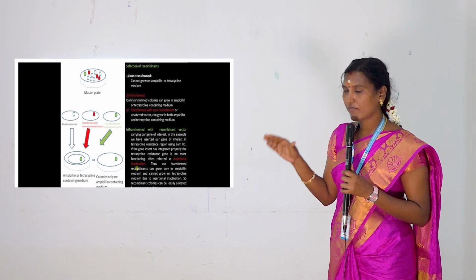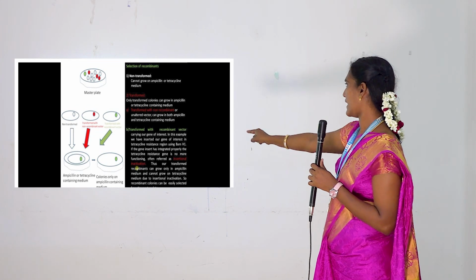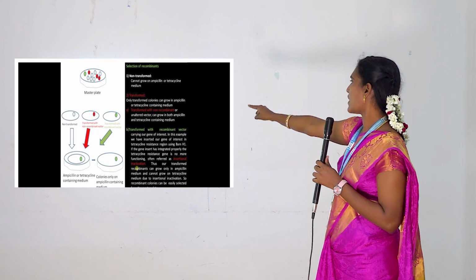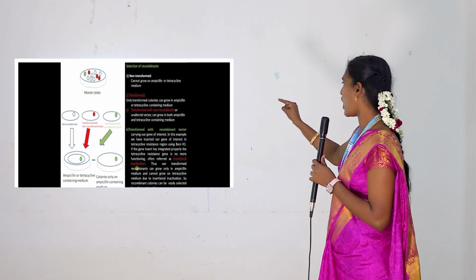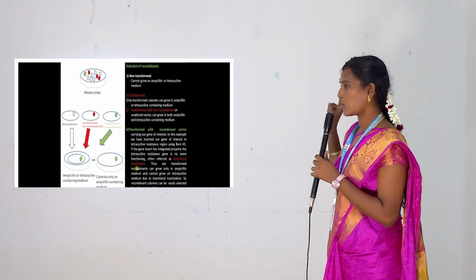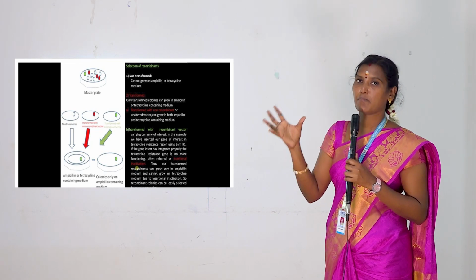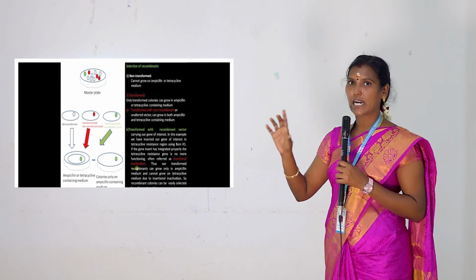Based on that we are going to select, on ampicillin or tetracycline containing medium. Cells transformed with non-recombinant vector will grow. Cells transformed with recombinant vector will grow only in ampicillin containing medium. They will not grow on tetracycline containing medium.